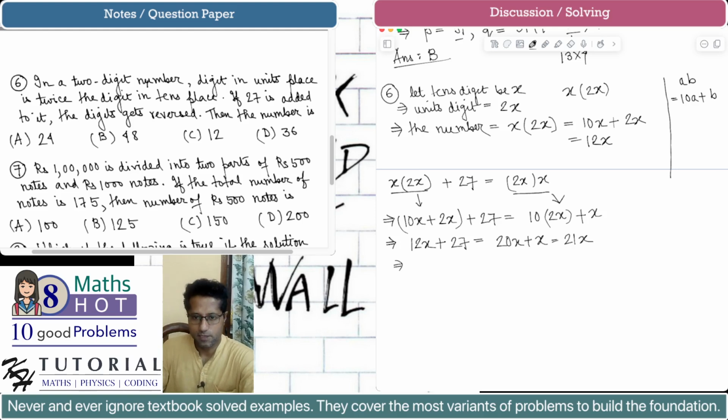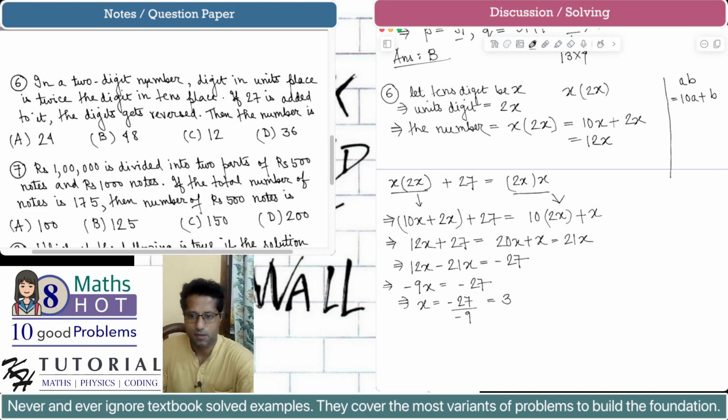Now if we bring all the x terms to the left-hand side and all the constants to the right-hand side, we get 12x minus 21x is equal to minus 27. This implies minus 9x is equal to minus 27. This implies x is equal to minus 27 divided by minus 9, which is 3.